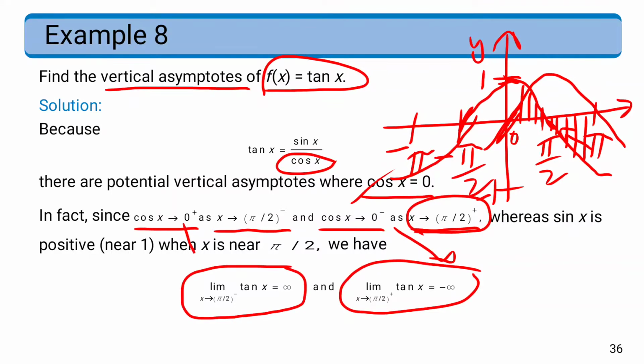So this portion can help us to deduce this part, and this last part can help us to deduce this one, because we have agreed that the controlling part is the denominator, which is cos of x. When cos of x becomes positive, but remember cos of x goes to 0, since we are getting closer to 0, this function will become positively large, because we are approaching 0 from the positive part of cosine.